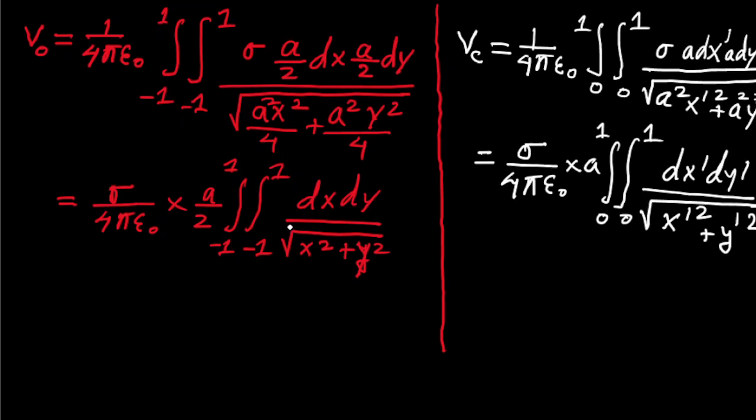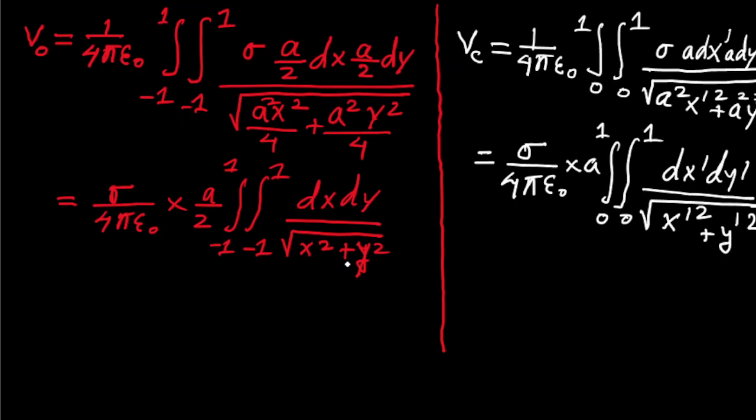So still this limit is not the same. To make this limit the same, you can see that the function we have to integrate in the first integration is 1 by under root of x square plus y square. This function with respect to x and y is an even function, because if you replace x with minus x, it gives the same thing, since it is a function of x square, and similarly for y it is a function of y square.